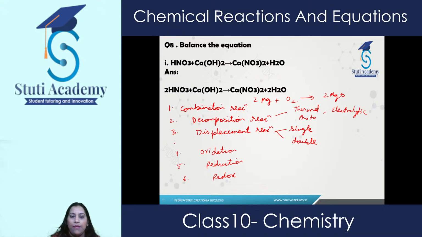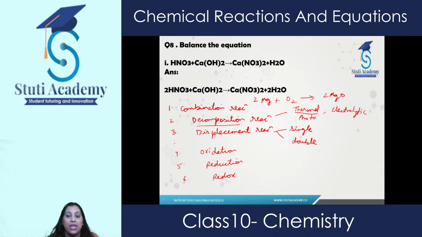Then we have decomposition reaction. Decompose means one breaks down into different forms. So in a decomposition reaction, one substance breaks down into different forms. This decomposition reaction is just the opposite of a combination reaction. Now, thermal decomposition.